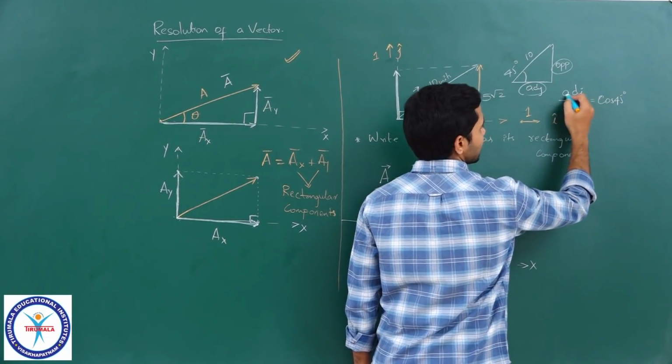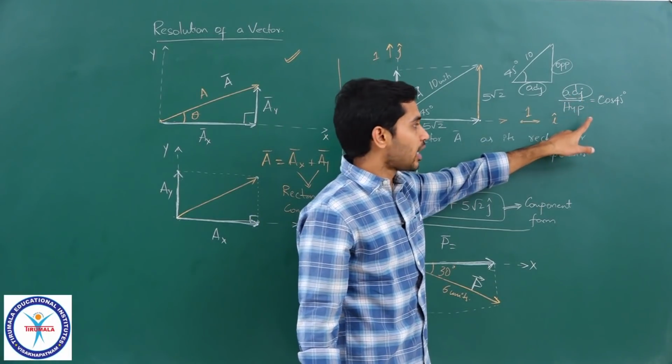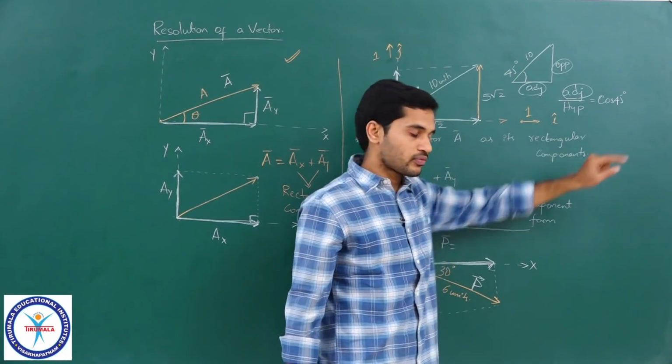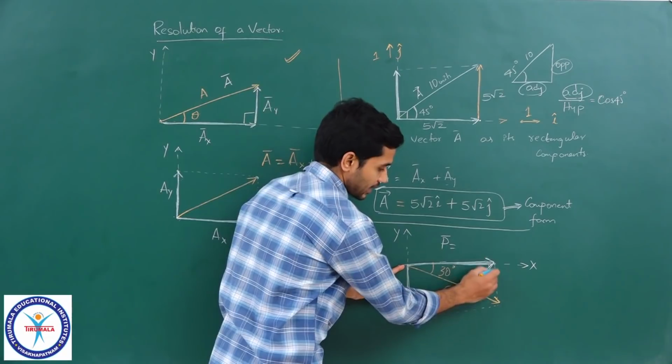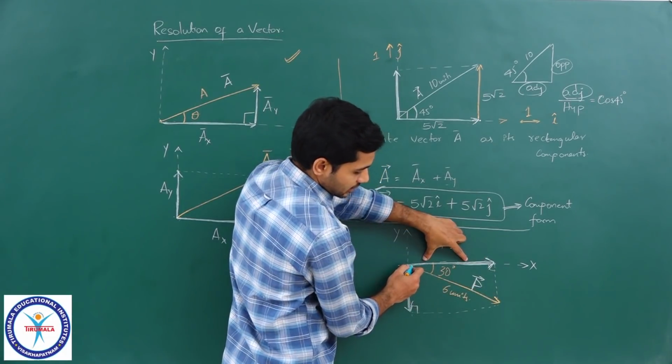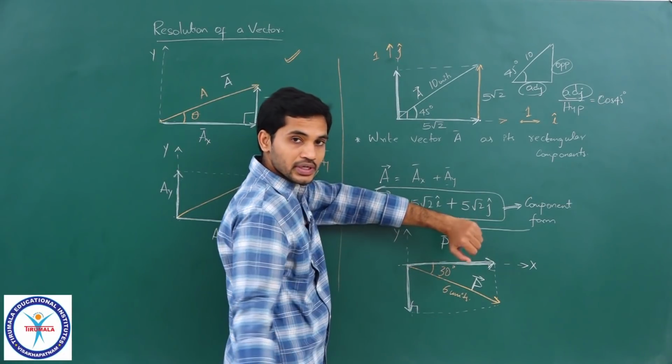That is how we calculated adjacent here, which means adjacent is hypotenuse into cos 45. In the same manner, in this case also, for this triangle, adjacent will be hypotenuse into cos 30. Do you understand that?